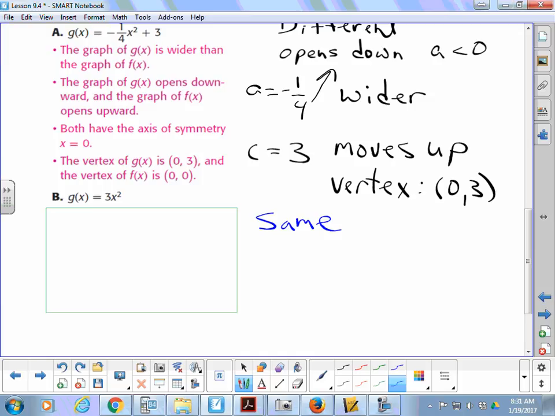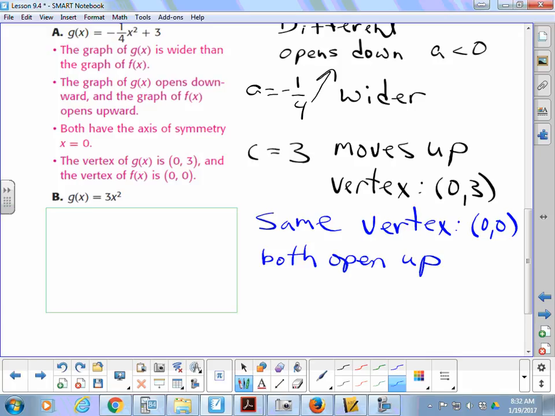Since it's positive 3 and C is 0, they're going to have the same vertex at 0, 0, and they both open up. So the difference is, what does this 3 tell me?